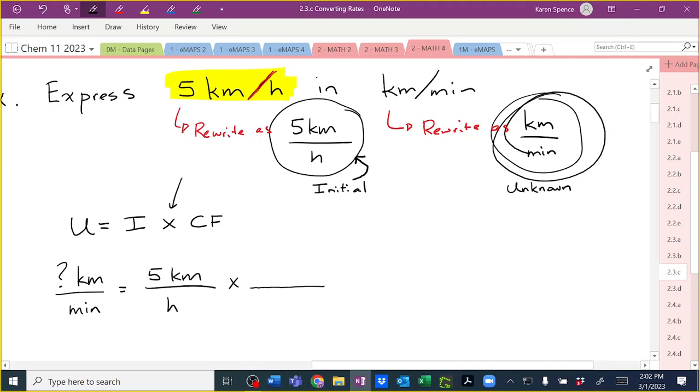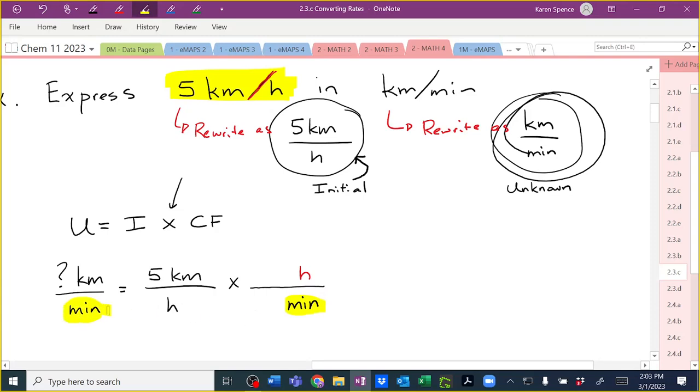Do I need to do anything with the kilometers? No, but I need to do something with the hours and I need it to cancel. What's different though is that the hours right now is on the bottom, so where do I put it in order to make it cancel? On the top, okay? And that means that I need to put my minutes on the bottom, which is really good because that's where I want them.